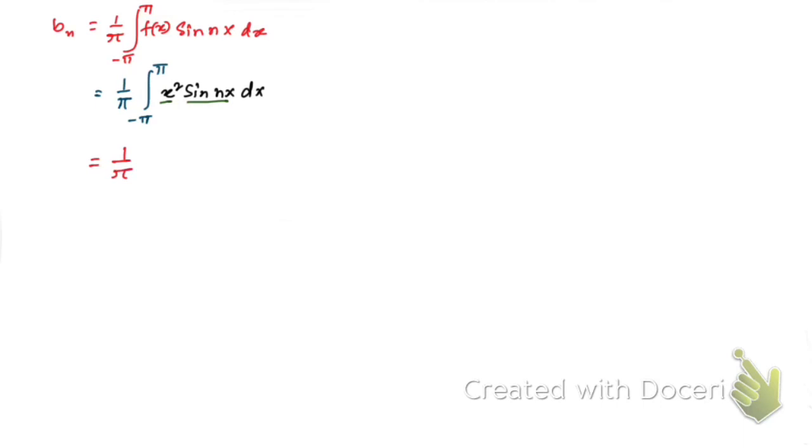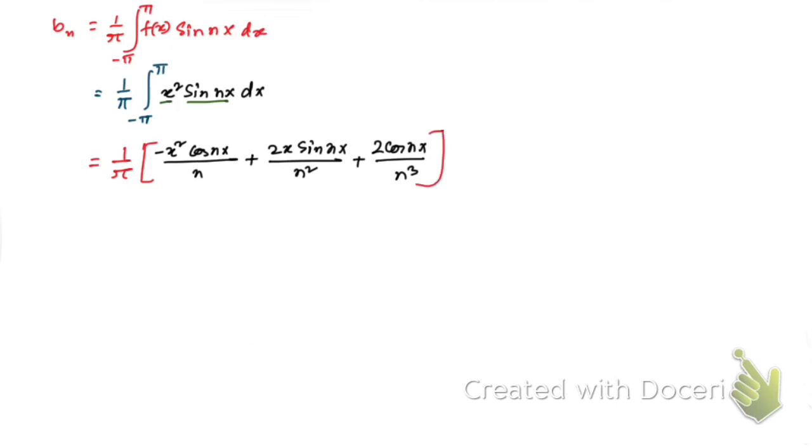I'm just going to write the result directly, and the result is going to be minus x square cos nx by n plus twice x sine nx by n square, then plus 2 cos nx by n cube. So this is going to be the result, and the interval is minus pi to plus pi, right?